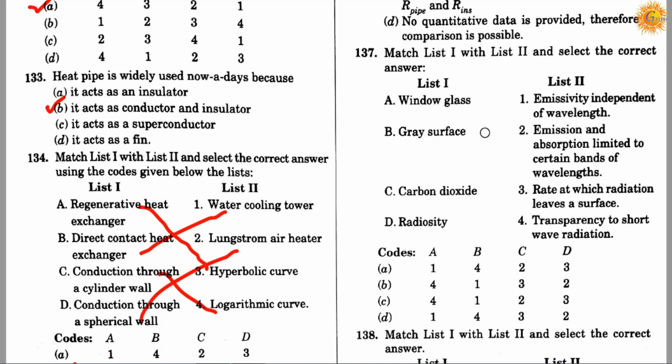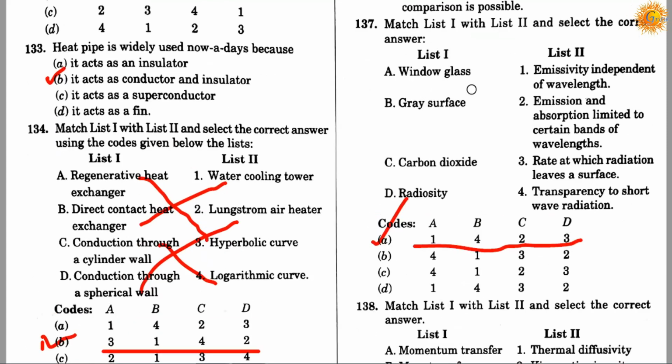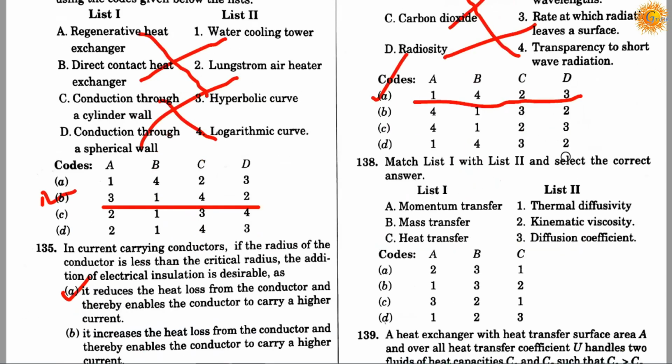In list second, okay, so the correct answer is A. According to this answer, window glass is connected to this one, emissivity independent of wavelength, and the gray surface is connected to the fourth, it means transparency to short wave radiation, and carbon dioxide is connected to emission and absorption limited to certain bands of wavelength, and radiosity is connected to the rate at which radiation leaves a surface.